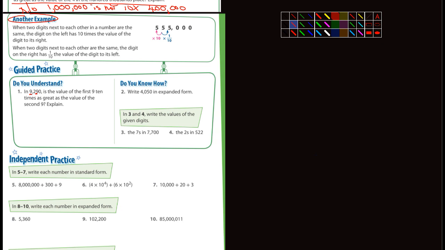Is the value of the first 9 10 times as great as the value of the second 9? Well, okay, so this would be the first 9 right here. This would be the second 9. Explain. Well, again, no, because they're not next to each other.